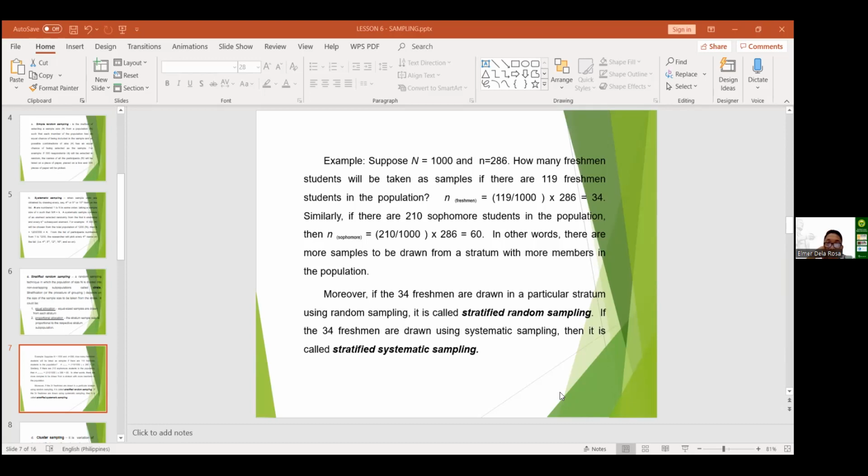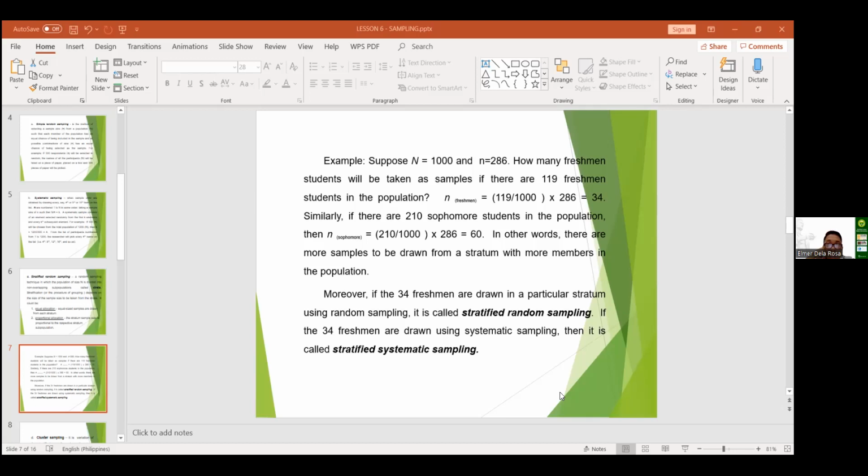So 34 daw ang kukunin ko na 1st year. Ang tanong, paano ko yun pipiliin? May dalawa ka pa ring choice. Pwede ka pa rin mag-random. So, ibig sabihin, meron kang pangalan ng mga first year, 119. So, nakahiwalay itong 119 na first year na pangalan na nasa fishbowl. And then, pipili ako ng 34.